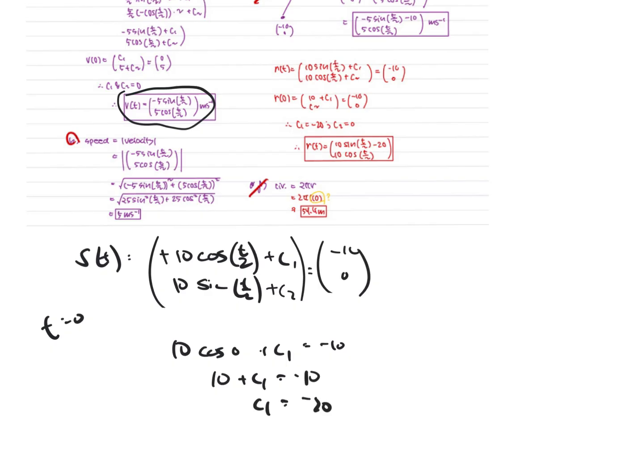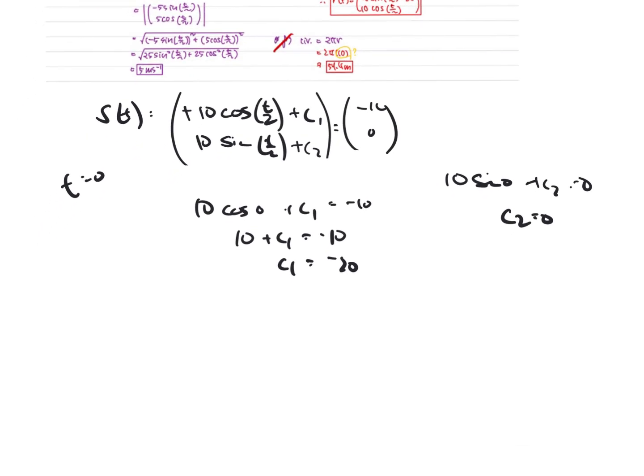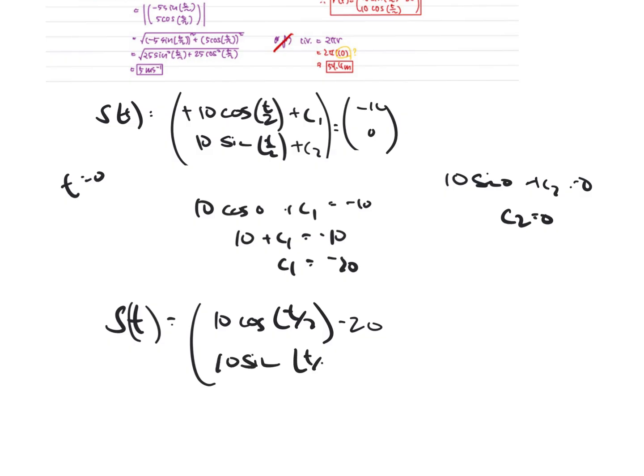And with c2, when I substitute 0, I go 10 times the sine of 0 plus c2 equals 0. And so c2 equals 0. And so my position is going to be 10 cosine t over 2 minus 20 and 10 sine t over 2.